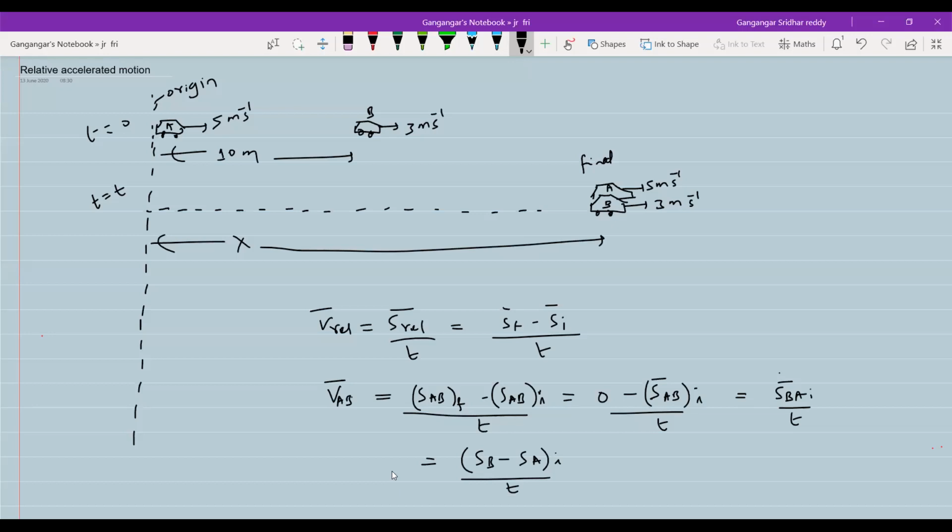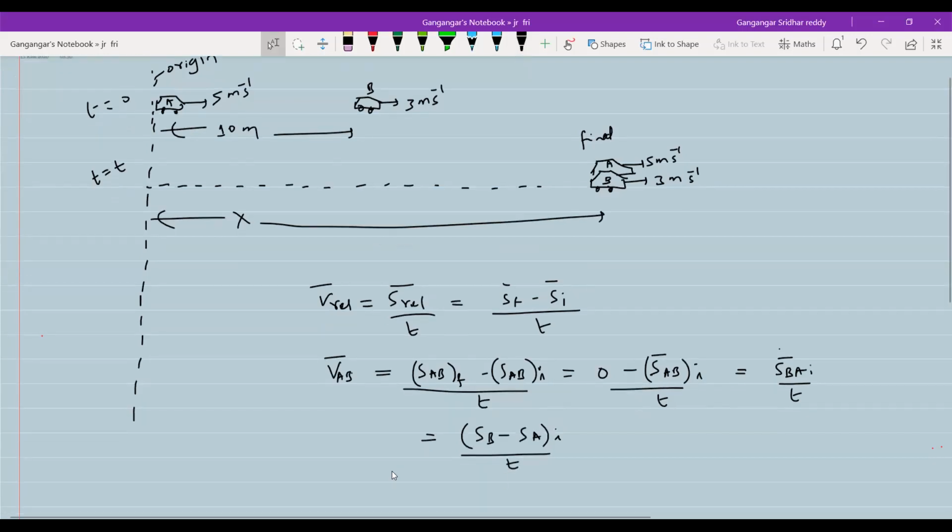Okay, so what is our question now? We have to calculate the time. Let me expand this. So this will become VA minus VB equal to SB initial minus SA initial by time. Let's substitute all the values. VA is plus 5, towards the right, since anything directed towards the right should be positive.